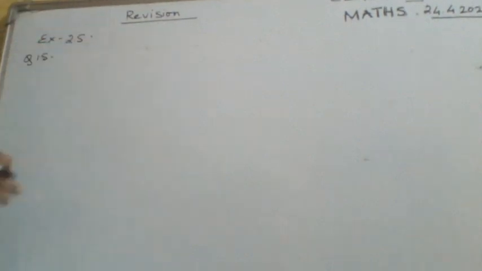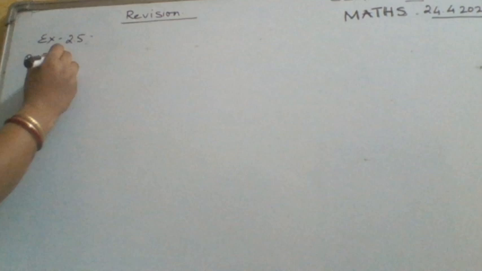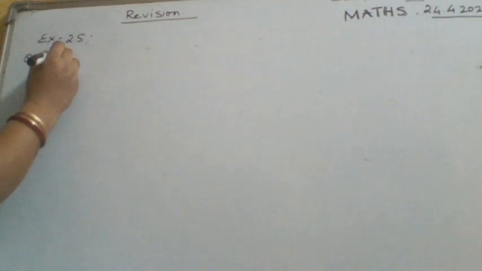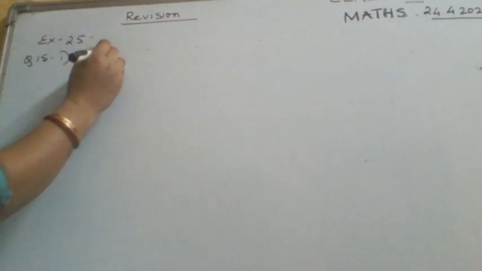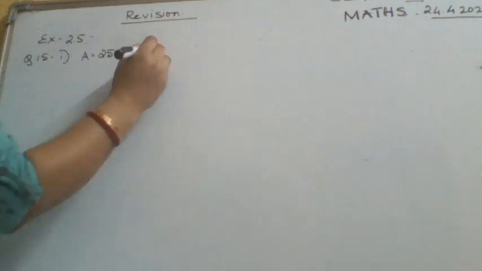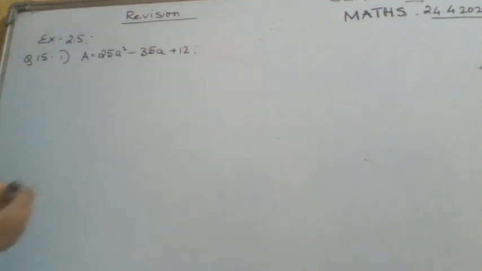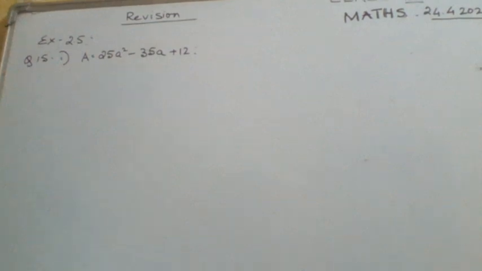Question number 15 says, give the possible expression for the length and breadth of each of the following rectangles in which their areas are given as, number 1, area is given to you as 25a square minus 35a plus 12. Okay, you need to find the dimensions of this rectangle whose area is A.